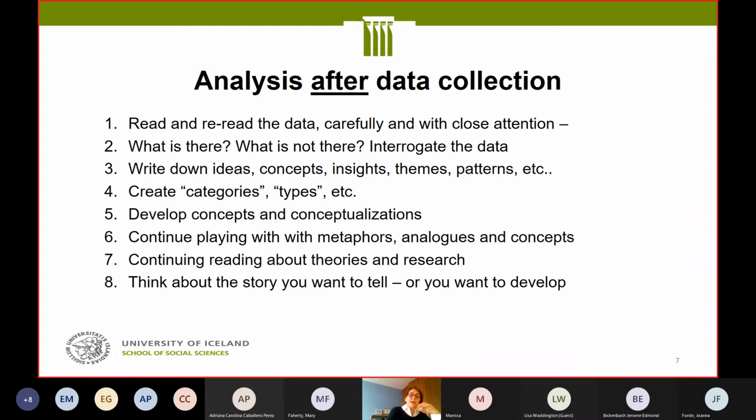Very often, you can identify some categories or types in the data. I remember one information and library specialist who did research with me on how academics collected scientific readings, or how they collected literature, and she used metaphors from farmers.